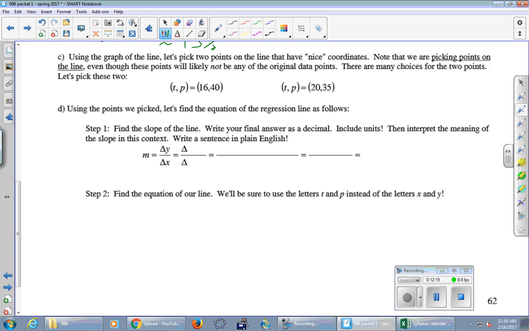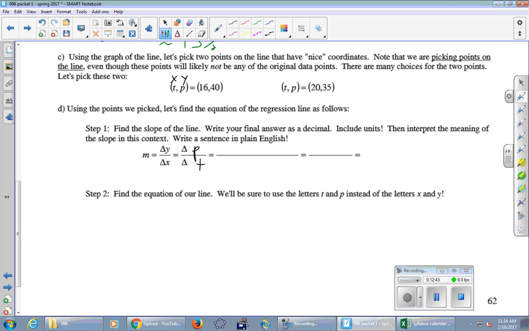We've got our 2 points. Next step is to find the slope of this line. Typically, it's a change in y over change in x, but we don't have x's and y's in this case. We have t for time and p for percentage. So instead of y, what letter do we have? P is the y, right? Normally it's x and then y. And then delta x, that's really delta t.